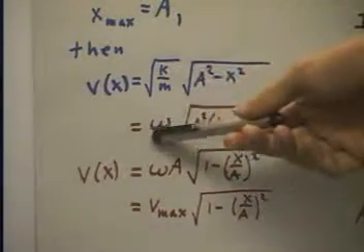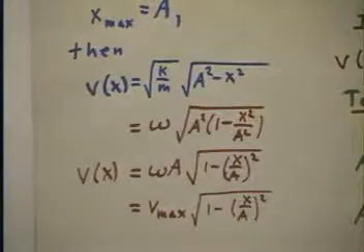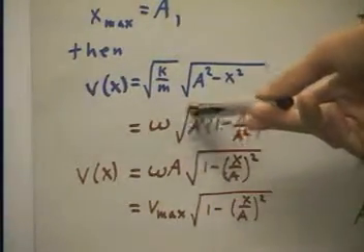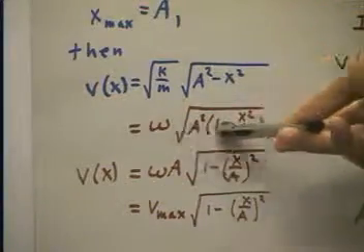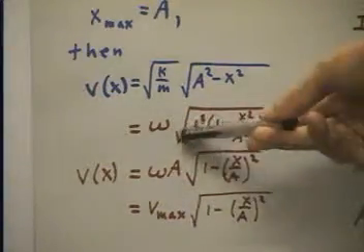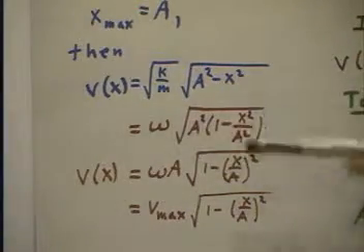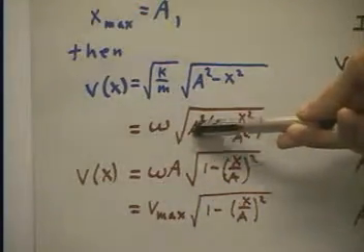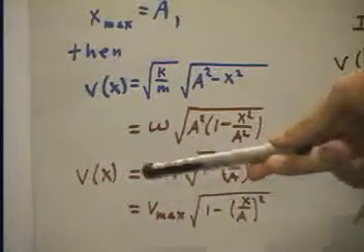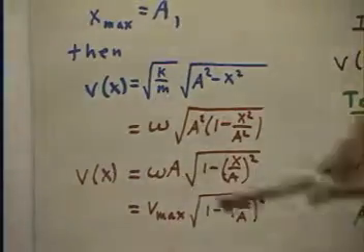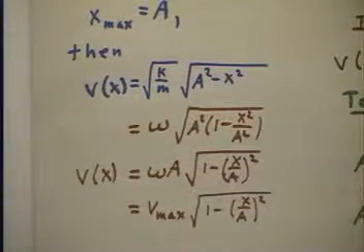Since the square root of k over m is omega, we can write this here. And you can verify for yourself that if we factor A squared out of this, we get this. Just multiply this out and you'll get this. And that'll convince you that this is a valid step. And then the square root of A squared will come out of the square root and become an A. And we end up with this expression.